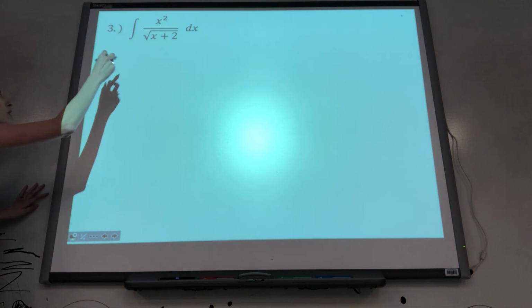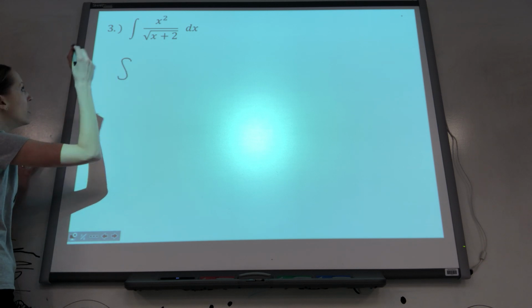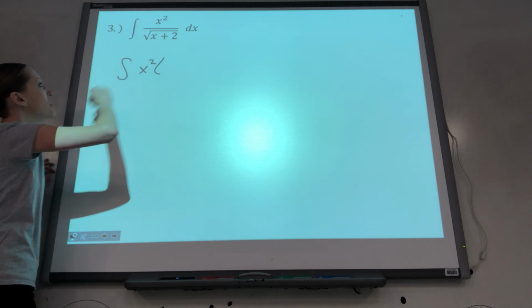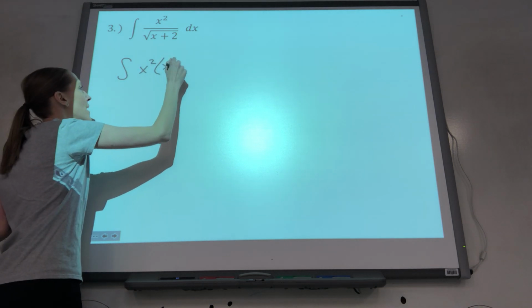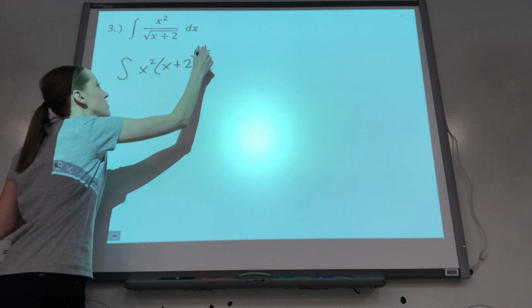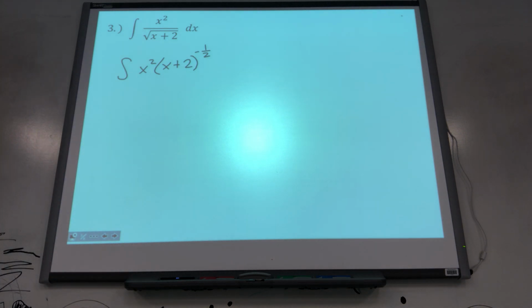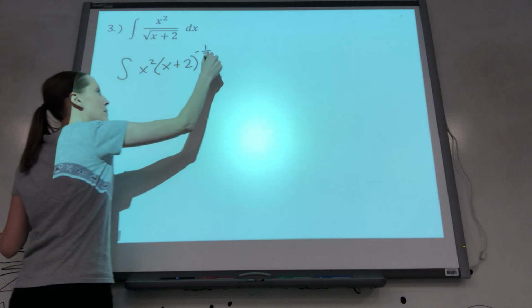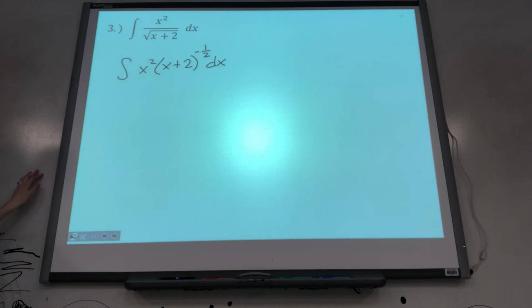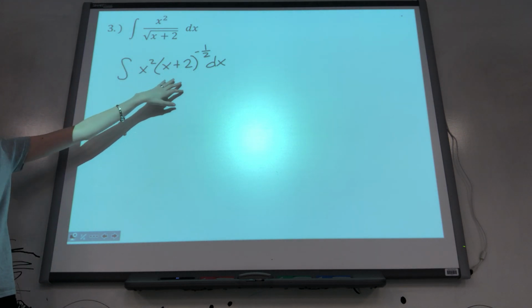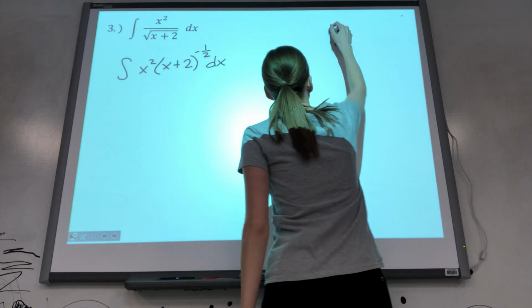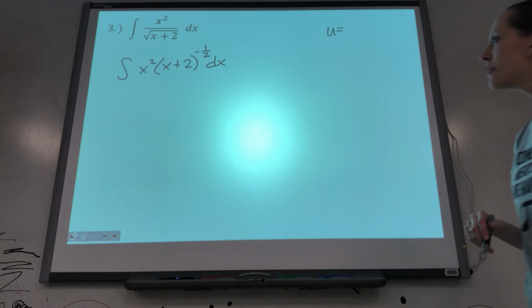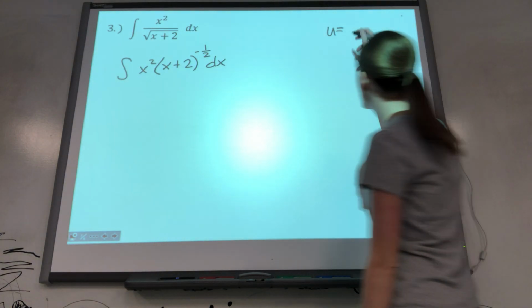As far as rewriting the integral, the only thing you could really do is move the square root to the top and maybe turn that into x plus 2 to the negative 1/2 power dx. But even then, I can't rewrite it any further. I'm not allowed to distribute the x squared, so I'm thinking we need some more u substitution.